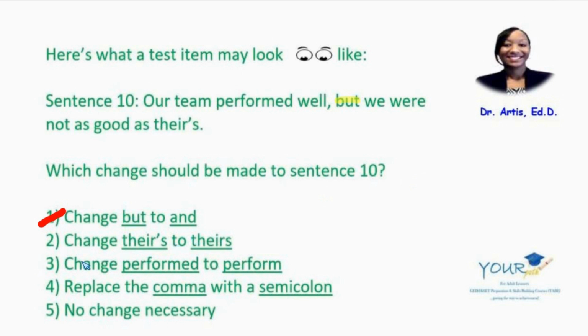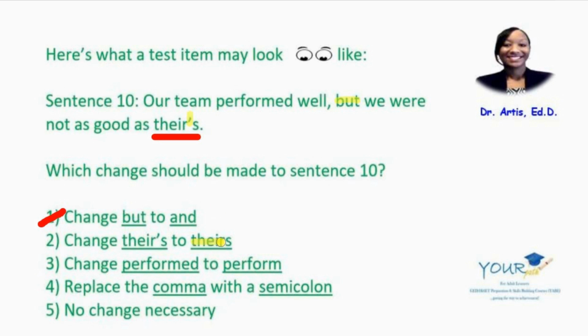When we look at option number 2, we have change theirs to theirs. When we look at the word theirs in this particular sentence, we have a possessive pronoun, and it is a plural possessive pronoun. However, the spelling of this particular pronoun is incorrect because the word theirs already has an S on it, and so therefore we do not need an apostrophe S to show a possessive pronoun because it already has an S on it.